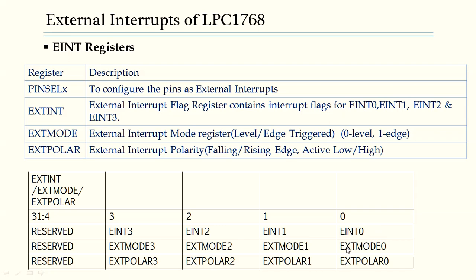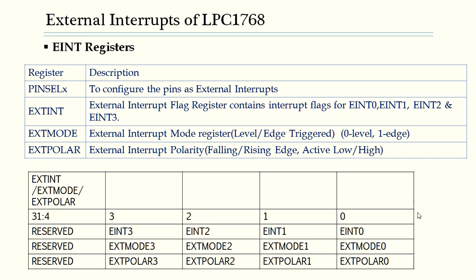Now, if I write that the external interrupt mode is 1, what does that mean? It is edge triggered. Next, in the polar, I can either write a value of 1 or a value of 0. If I write a value of 0, it means it is on the falling edge. And if you write a value of 1, it means it is on the rising edge.